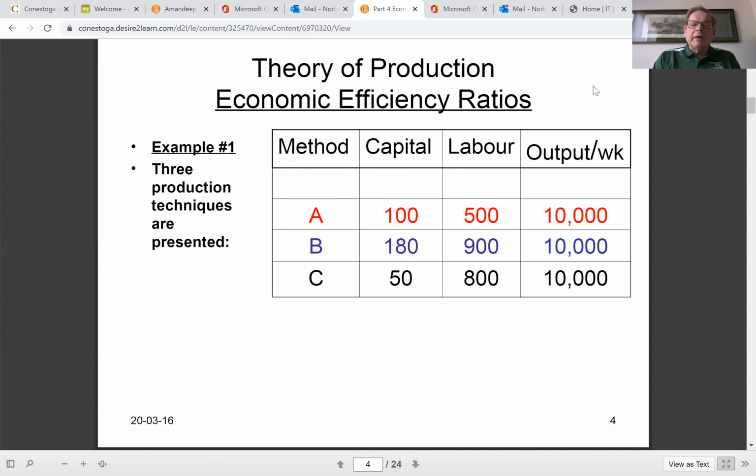So we've got method A uses 100 units of capital, 500 units of labor, and produces 10,000 shirts. Method B, 180 units of capital and 900 units of labor. And method C, 50 units of capital and 800 units of labor.